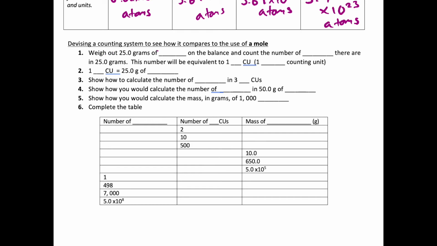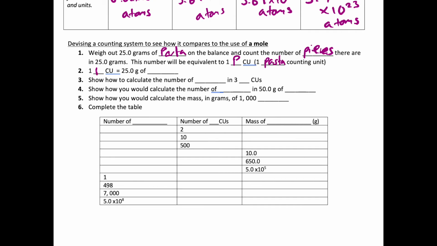So there I weighed out 25 grams of dried pasta, and I counted the number of pieces that there were in those 25 grams. And that's going to be equivalent to 1 pasta counting unit.